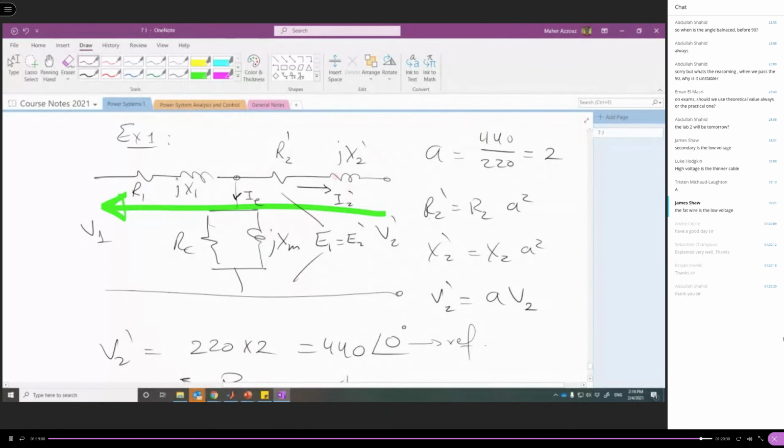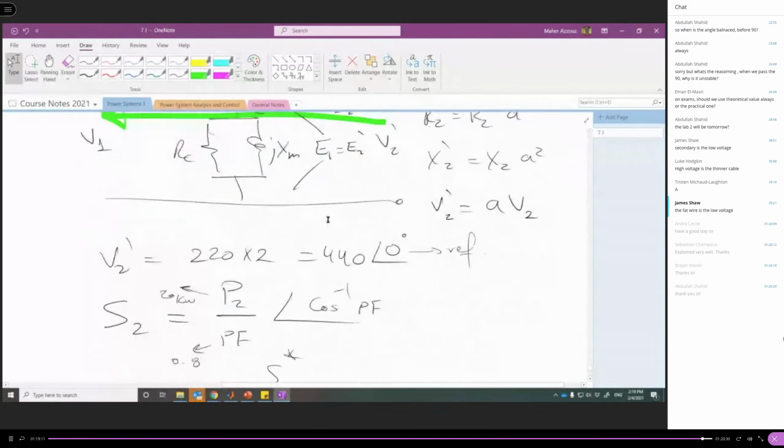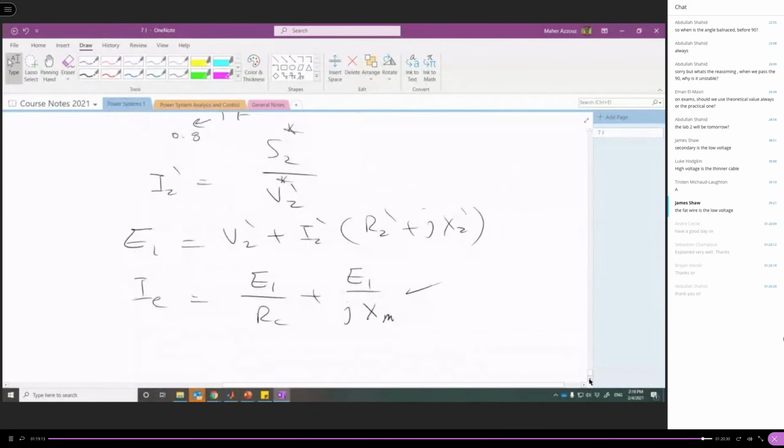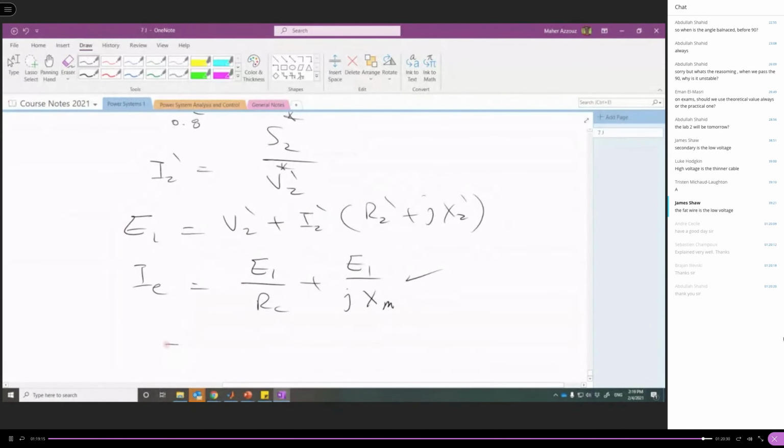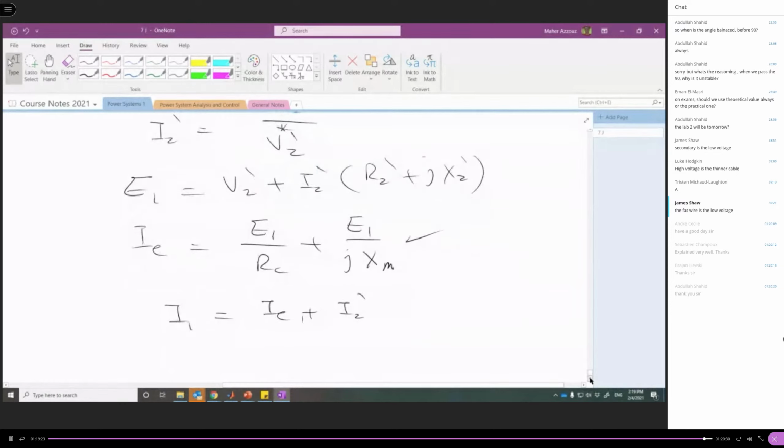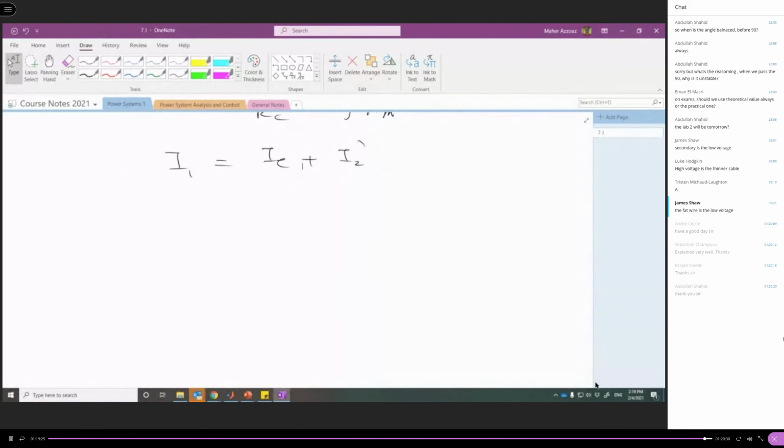If you have IE and you have I2 dash, you can get the current here, I1. I1 is the summation of IE and I2 dash. Once you get the current of the primary winding, you can get V1.